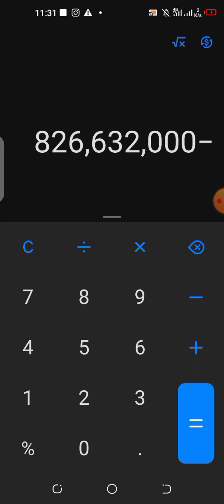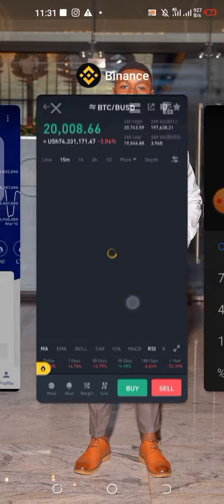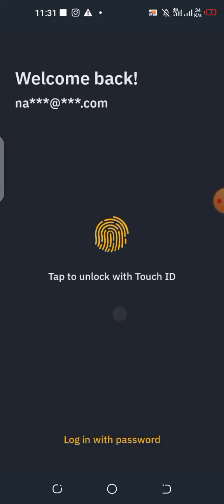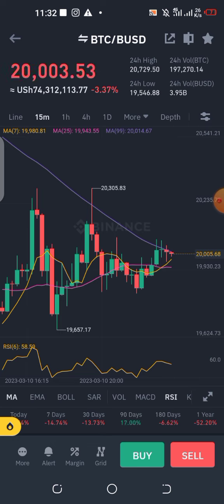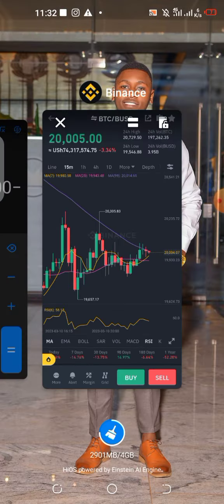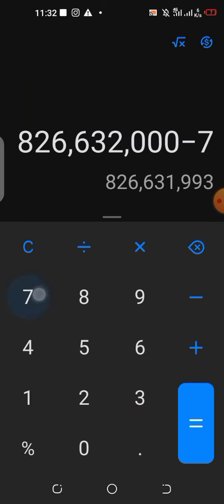Now we want to see how it is on Binance. On Binance, you're going to take 74,331. Sorry, it's changing, but let's take that 74 million.